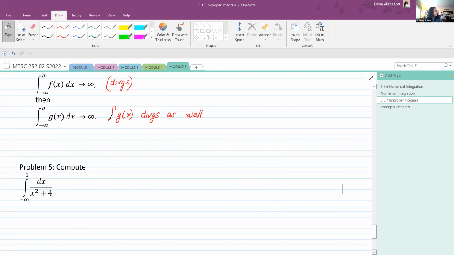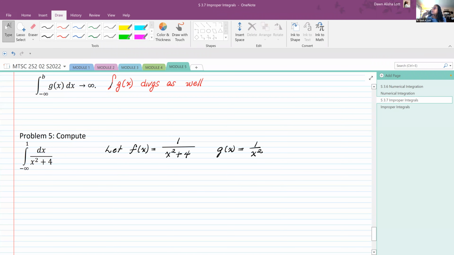So we want to use the fact that we're going to let f of x be 1 over x squared plus 4. And we're going to let g of x be 1 over x squared. Now, since f of x has a much larger denominator, their fraction is smaller.